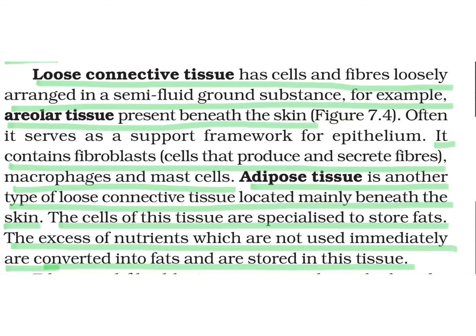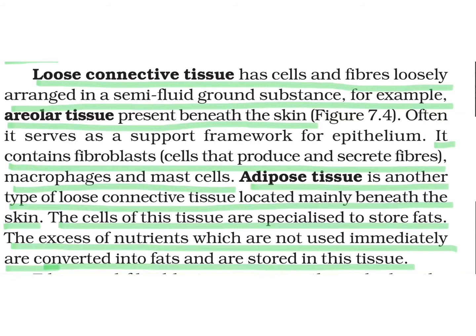The next type is adipose tissue. Adipose tissue is another type of loose connective tissue, and it is located mainly beneath the skin, and its specialty is to store fats. The excess nutrients which are not used immediately are converted into fats, and these fats are stored in adipose tissue.